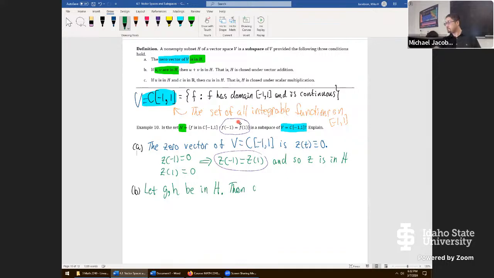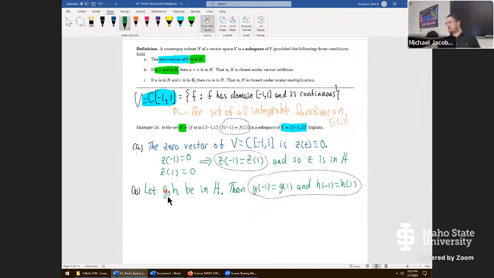Then G at negative 1 is equal to G at 1, and H at negative 1 equals H at 1. So those are the 2 conditions here that follow from set membership.